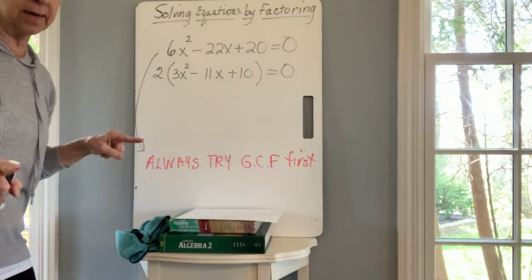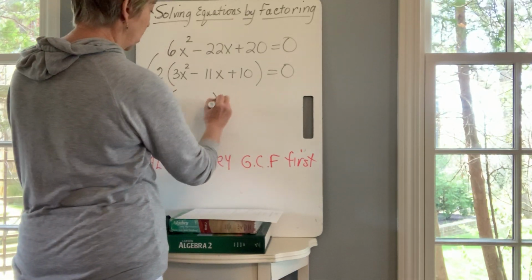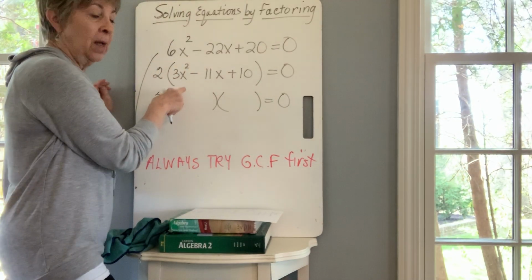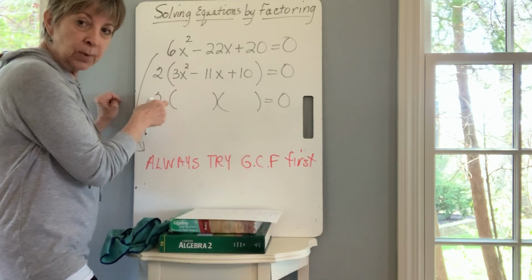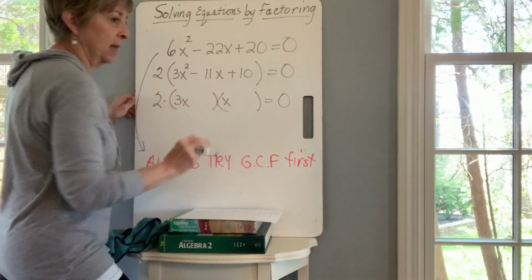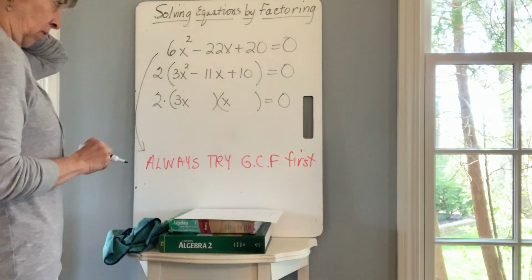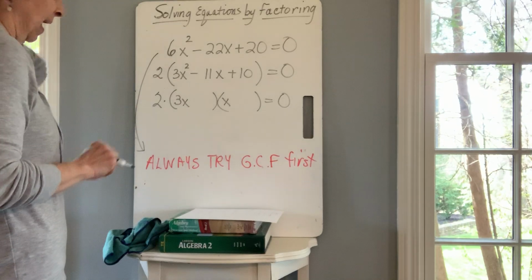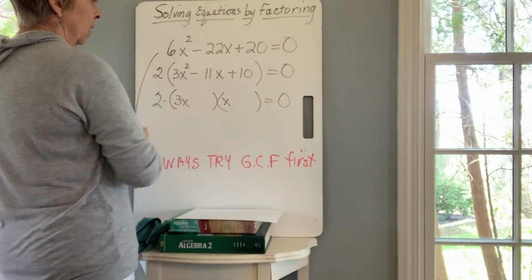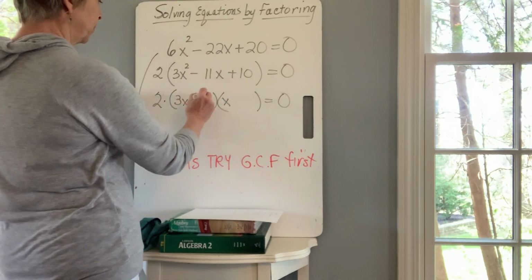I'm not done. I still have to factor this trinomial, but it's a whole lot easier because the only way to split 3x squared up now is 3x and x. Okay? And then I just have to figure out, okay, what do I do with the 10? Now we got to be careful here because 10 is positive, which means the signs have to be the same.